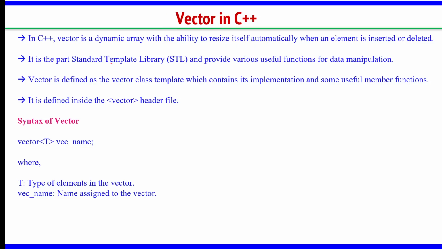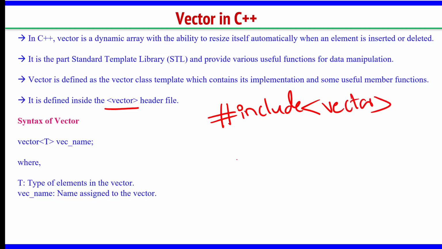Because it is a dynamic size array, you need not worry about size in the program. So, it is part of STL, right. Vector is defined as the vector class template which contains its implementation and some useful member functions, and this is included in the vector header file. So, you have to include vector, like arrays, we have to include vector like this.